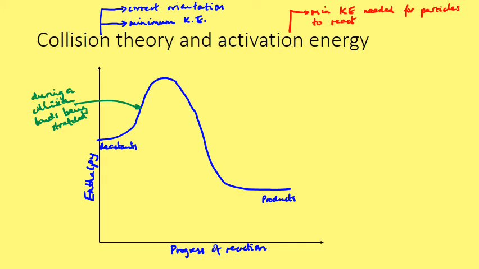And right up here, let's draw ourselves a little dotted line, right up here to this level of enthalpy is where the bonds have actually broken. The bonds have actually broken, so the particles that exist at that stage are very unstable and have high enthalpy.